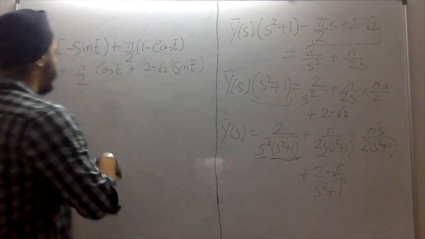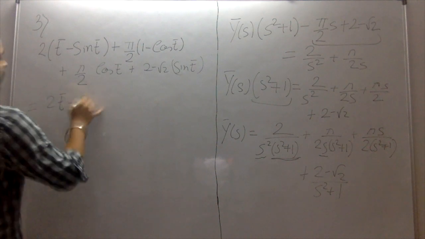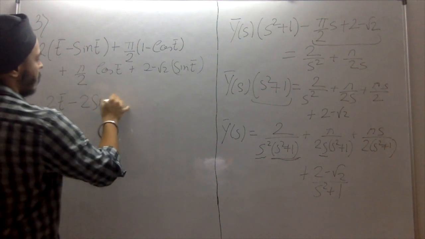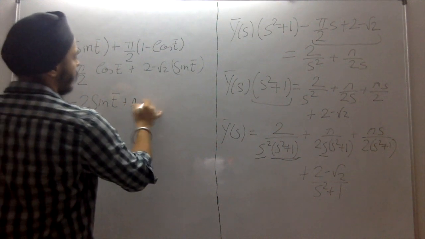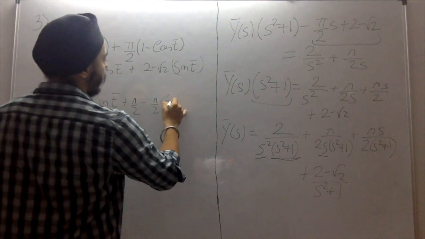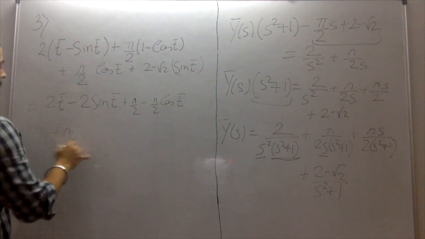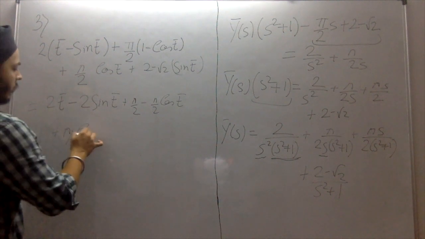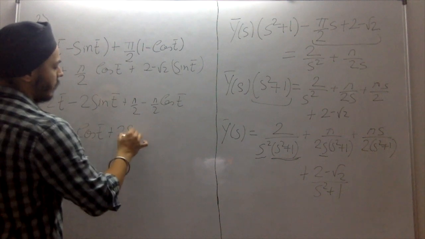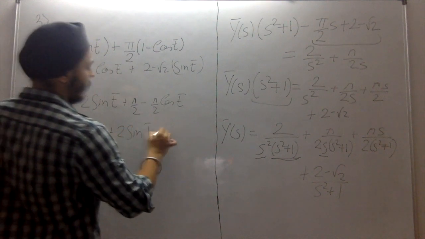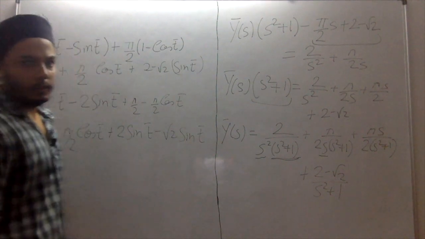Now let us simplify this, which is 2t bar minus 2 sin t bar plus pi by 2 minus pi by 2 cos t bar plus pi by 2 cos t bar plus 2 sin t bar minus root 2 sin t bar.